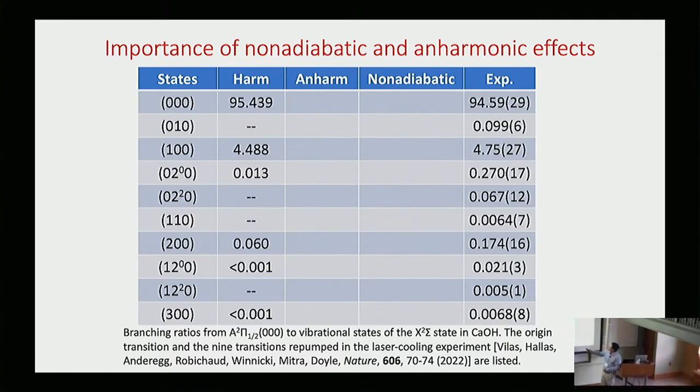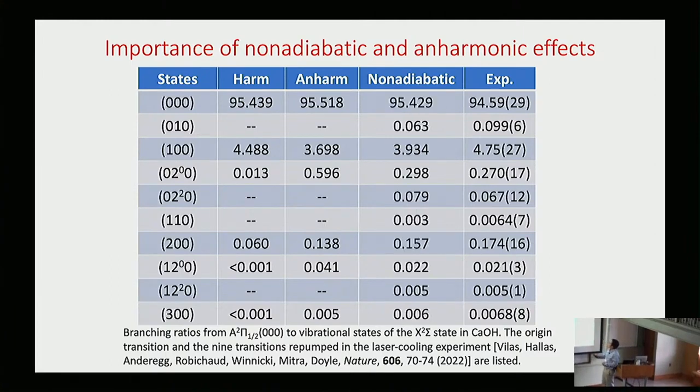If one includes the anharmonic contribution, one actually gets improved descriptions for these allowed transitions with a higher vibrational quantum number. But there are forbidden transitions that would not show up as long as we stay within one electronic state. And so here the non-adiabatic effect is important and has to be included to capture the nominally forbidden transitions.